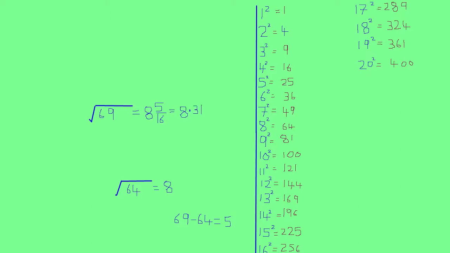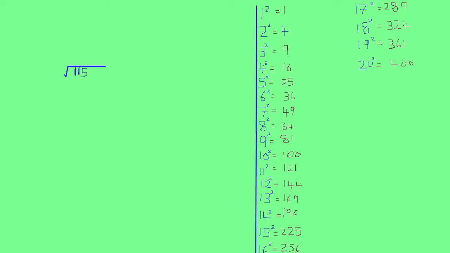Let's do some more examples. Here we have the square root of 115. And we want to work out the answer without using a calculator. Let's first try to identify which perfectly squared number 115 comes after. And that perfectly squared number is 100. The square root of 100 is 10. 10 is our whole number for 115.